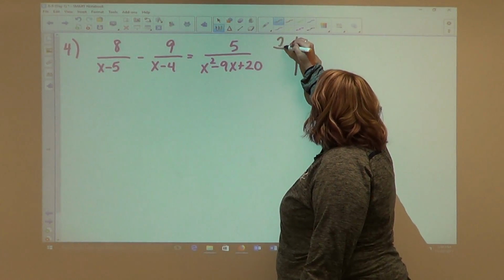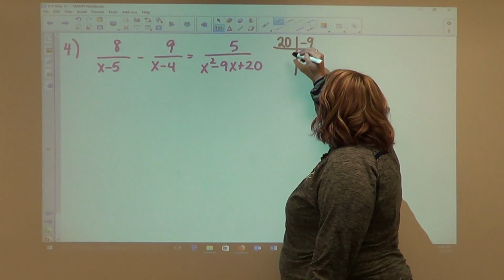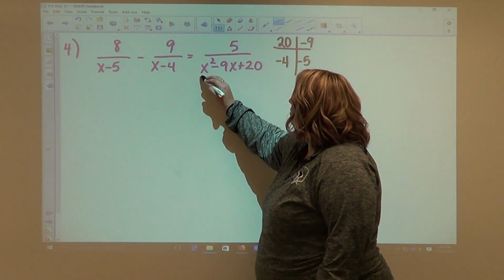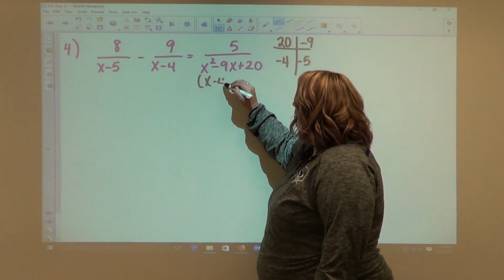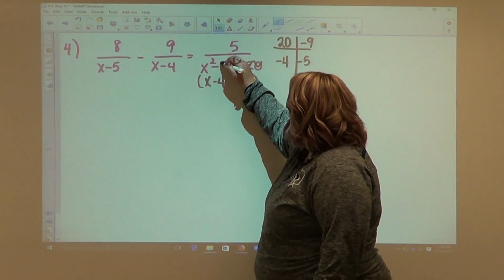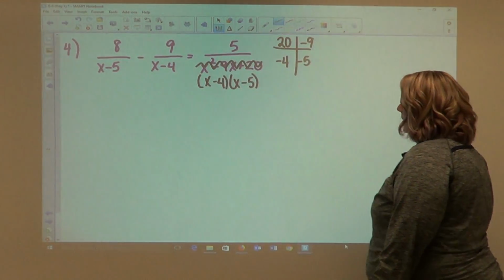So multiply to get 20, add to get negative 9: negative 4 and 5. So this factors into x minus 4, x minus 5. And that's going to replace that.